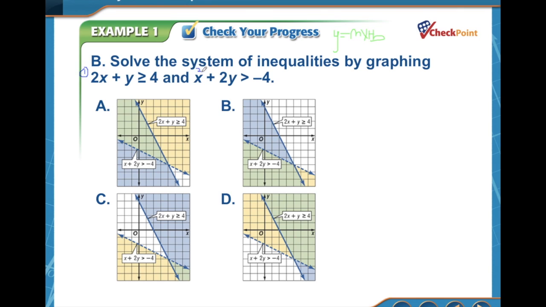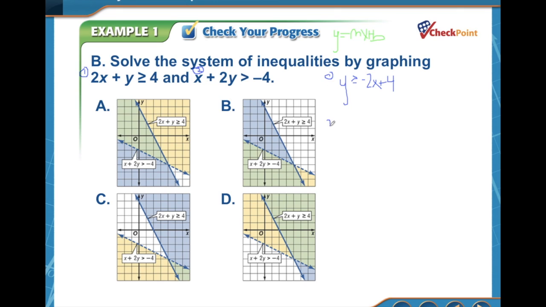So we have equation number 1 and equation number 2. If I rewrote equation number 1 in y equals mx plus b form, it would look like this. Y is greater than or equal to, and we should be writing this down, negative 2x plus 4. That's my first equation.